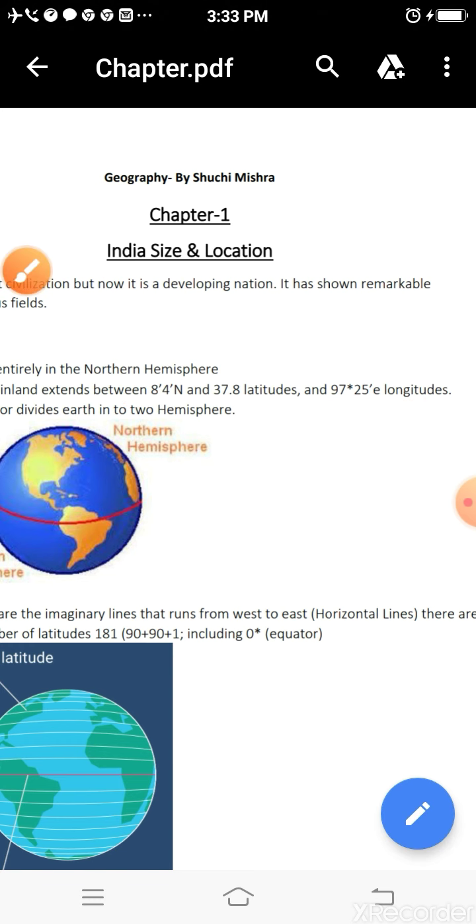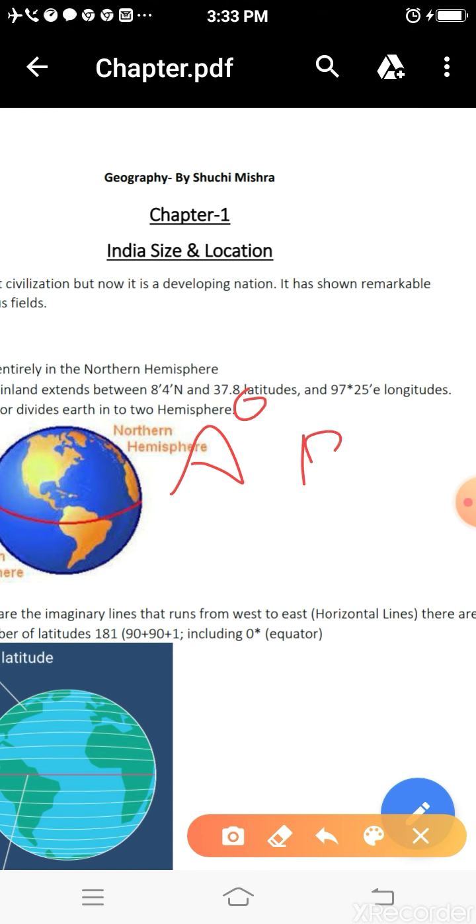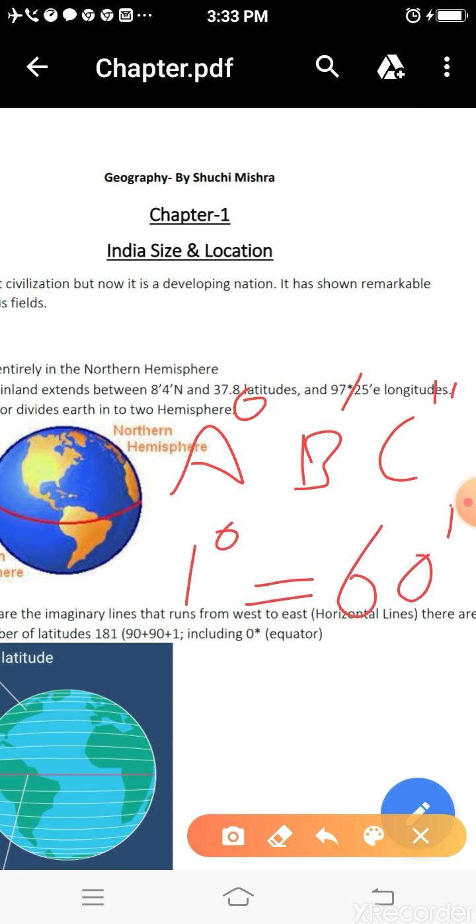How do you read it? Consider A degree, B minute and C second. 1 degree is equal to 60 minutes and 1 minute is equal to 60 seconds. You will use this formula when you calculate the mathematical question that I have given you with the PDF.